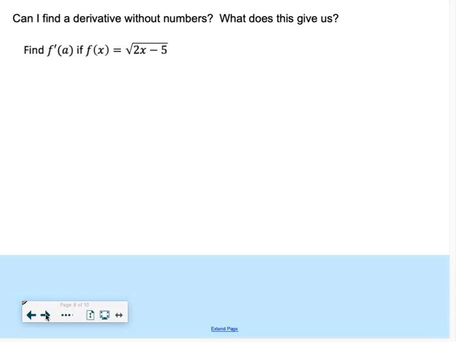You can use either definition. Neither one of them is super easy. But I will tell you, we did the f of x minus f of a over x minus a one in first period, and it worked pretty well. So I will probably do that again when I explain it. But you can use either one. You could do the h approaching 0 one. Whichever one floats your boat.